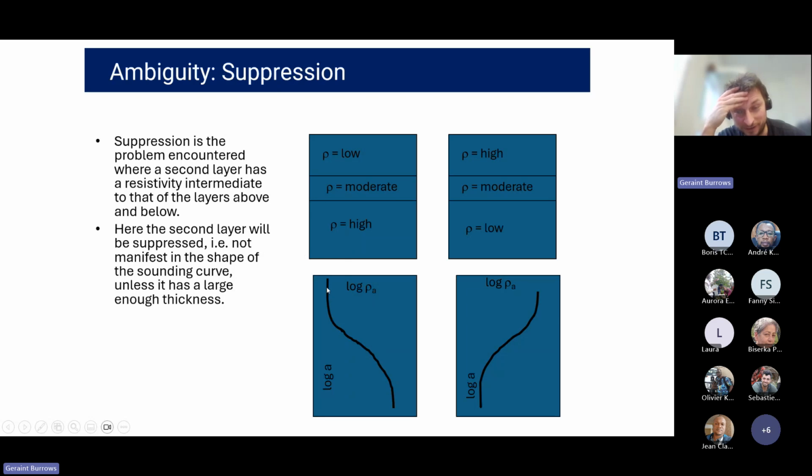In this particular case, if this layer didn't exist, the curve would look very similar to if the layer does exist, because it just gets suppressed by the low to high that you already have going, if that makes sense. So you might have a different layer that you'd want to pick up that you just can't seem to locate within your curve, because it's suppressed by the lower and the upper change in resistivity.